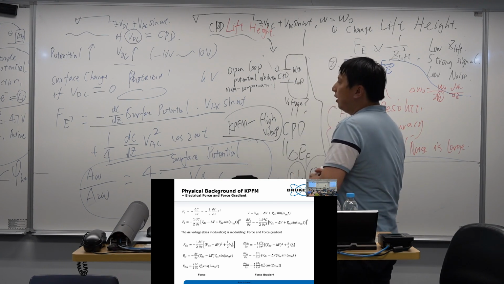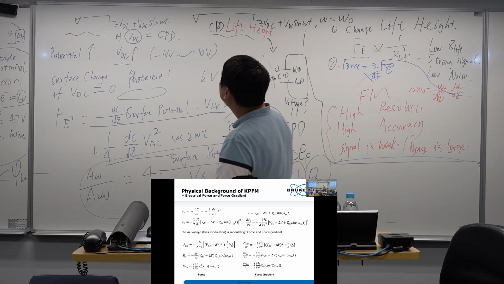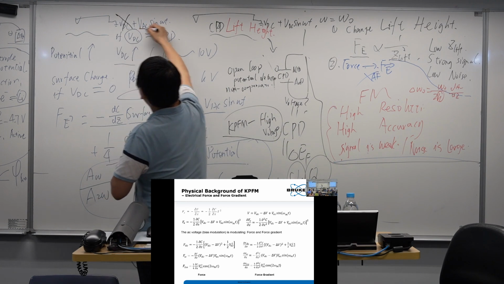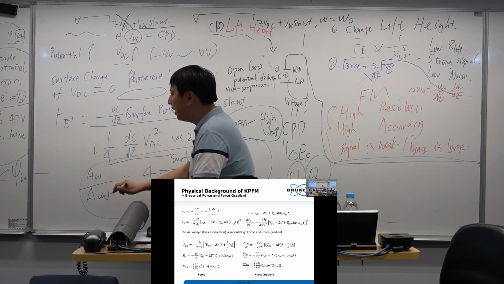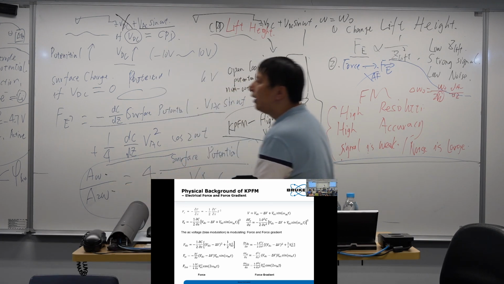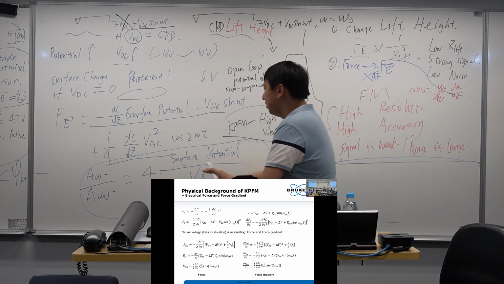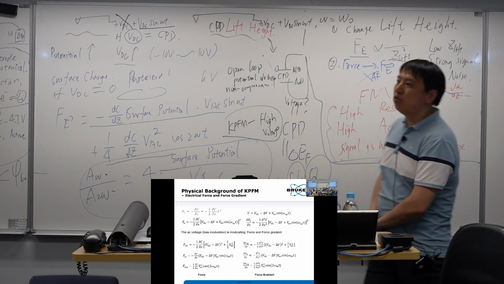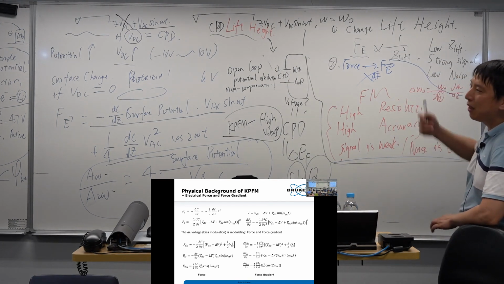So in this method, it's much easier. We just need to apply a VAC sine omega t on the tip. Then we measure the amplitude at omega and 2 omega, and we can get it out. This does not need any special mathematics at all, so some researchers can configure this measurement by themselves.